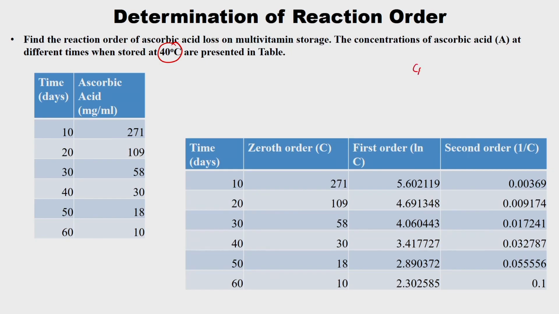So, if you remember, what we have seen is Ca naught minus Ca equal to kt.